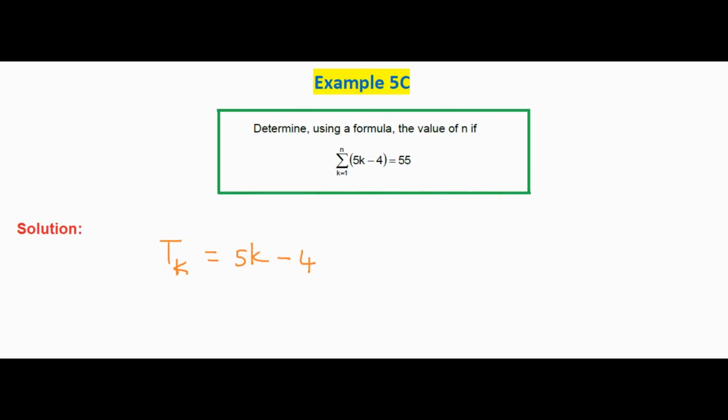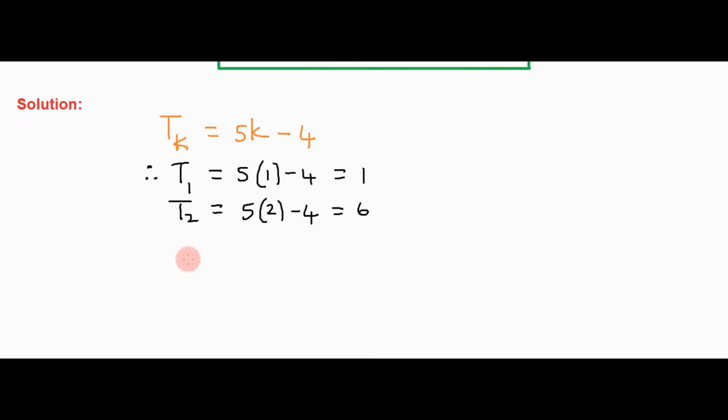So then finding the first three terms, t1 is 5 times 1 minus 4, which is 1. And t2 is 5 times 2 minus 4, which is 6. Term 3 is 5 times 3 minus 4, and this is 11.